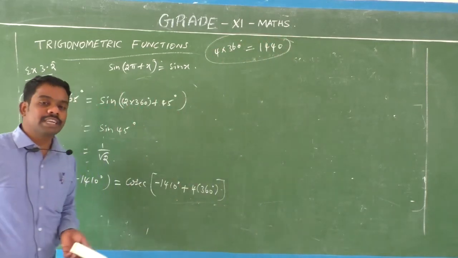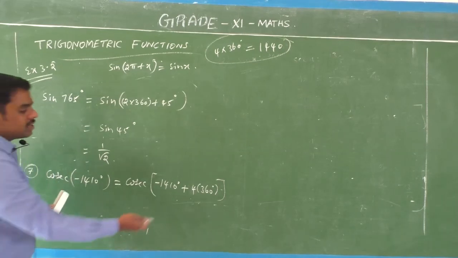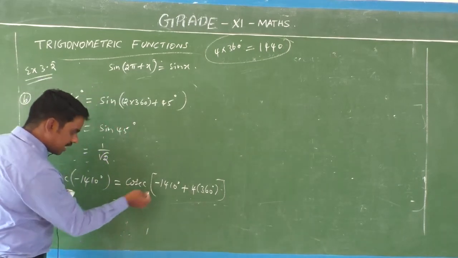That is 4 complete rotations. Cosecant of 4 complete rotations plus theta is cosecant theta.